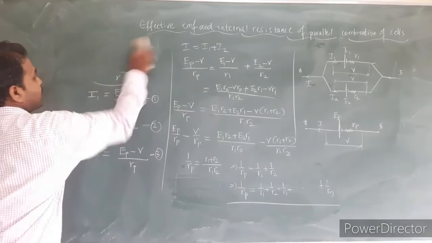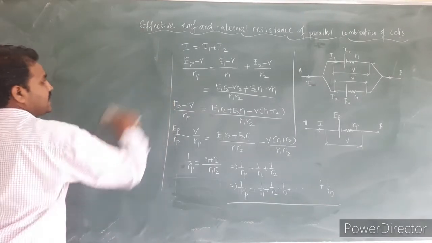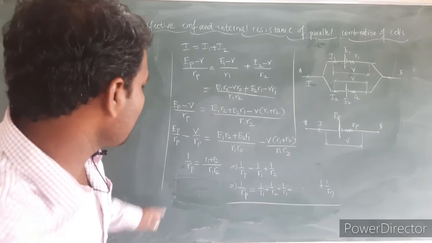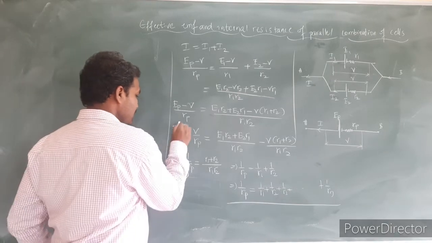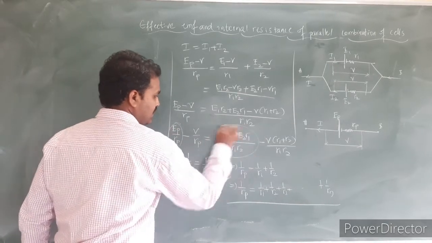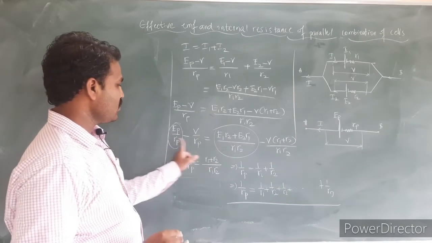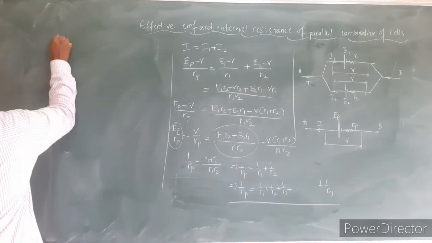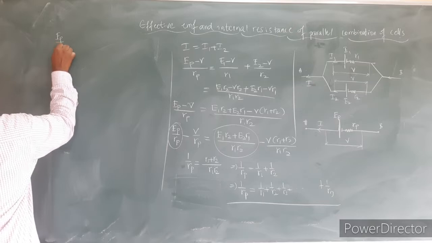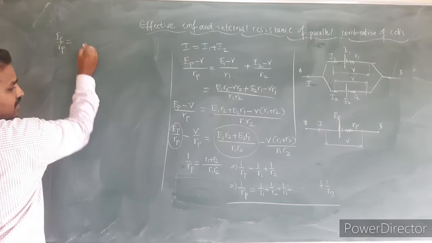Then, to get the effective EMF, again consider this part. Where I have EMF, compare these two terms here. I can write EP divided by Rp is equal to what?